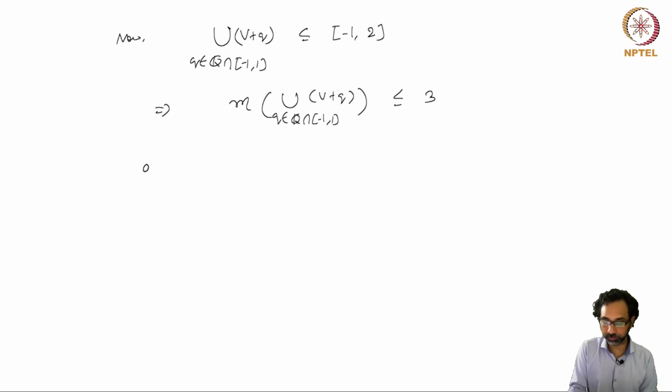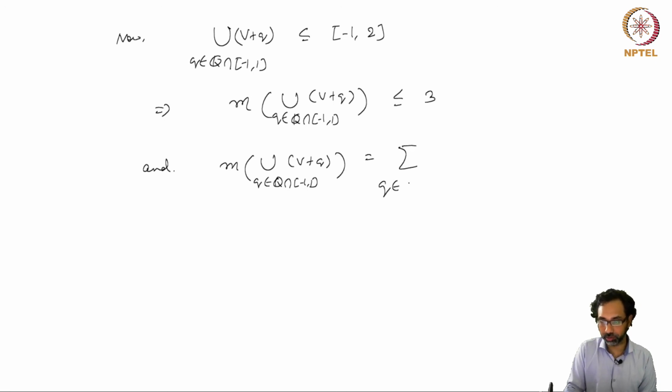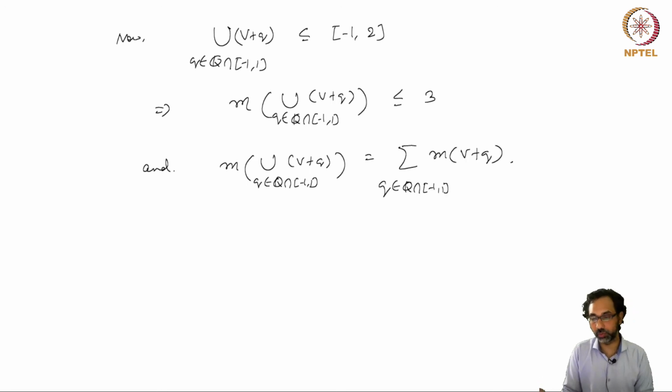Also, this is a countable union of disjoint sets. So we have this sum over the rationals in [-1, 1] of m*(V plus q).